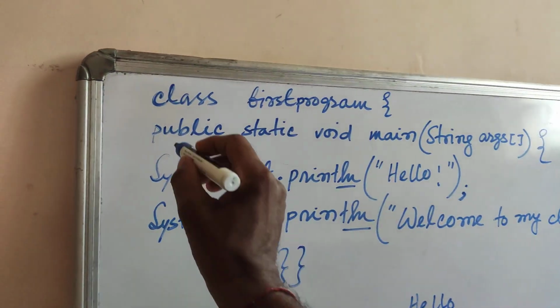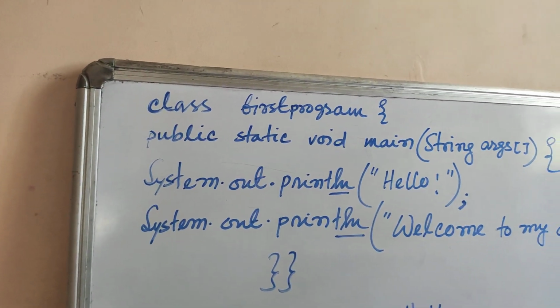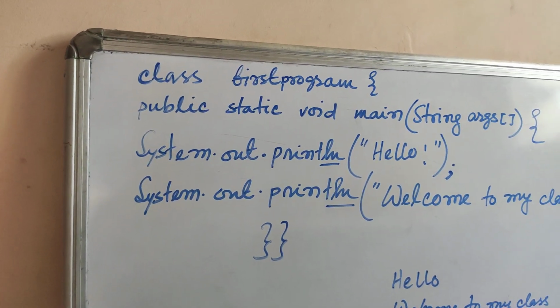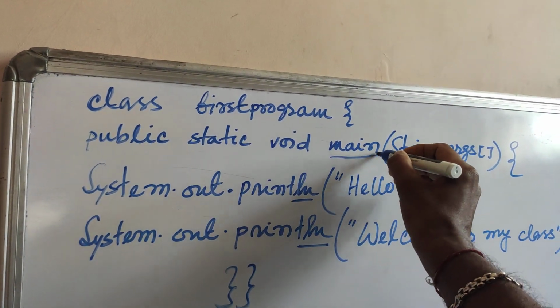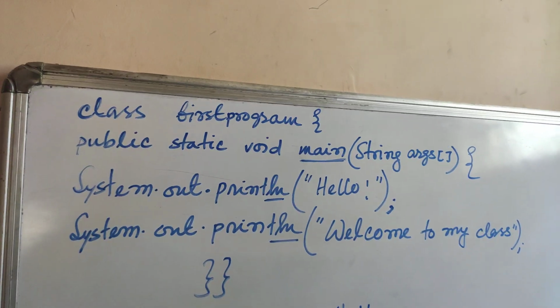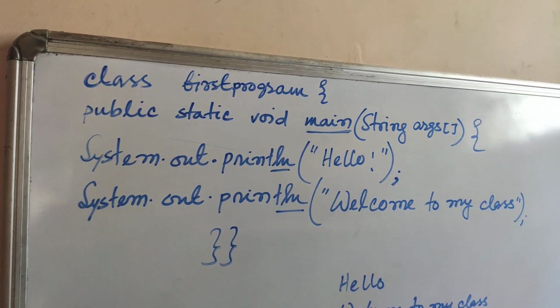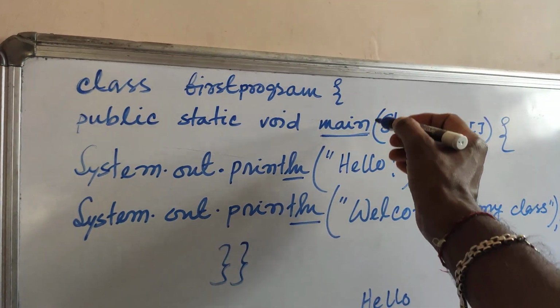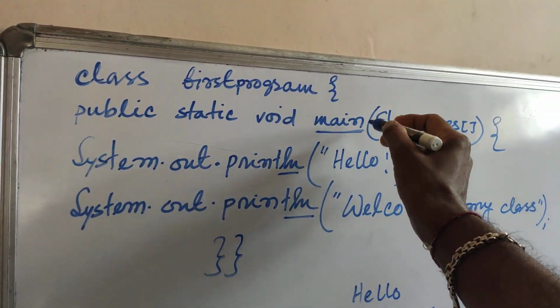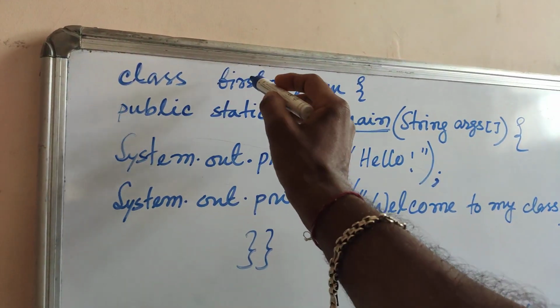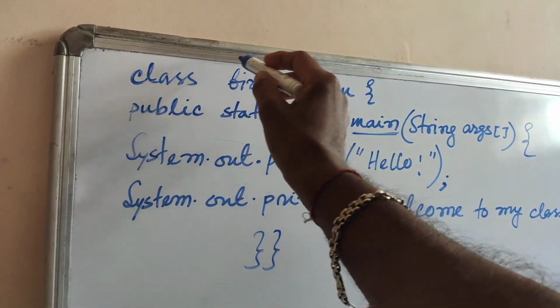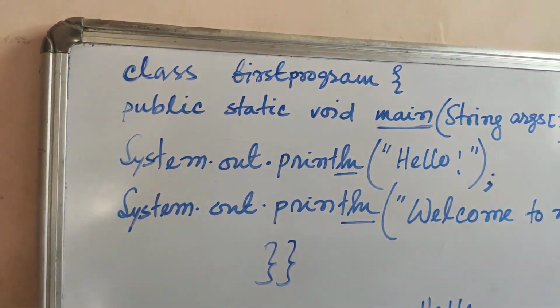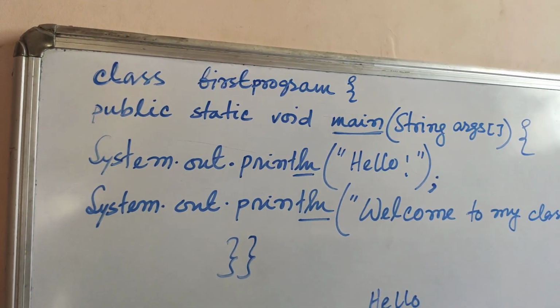So now here public, static, void, main. This is your choiceable name. Instead of main, you can give any name, XYZ, ABC, anything. So this is also an identifier. Class name also is an identifier. It has rules. It starts with an alphabet, not with any digit.